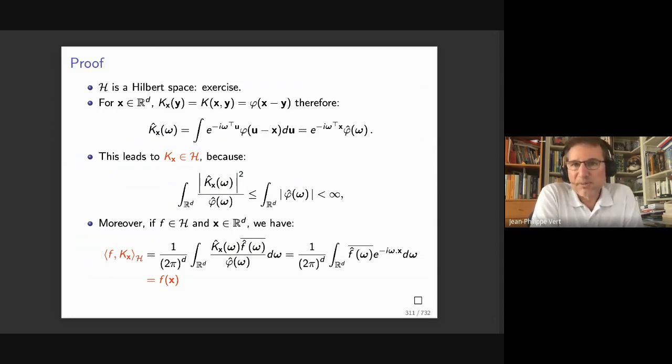In particular, this means that the module of Kx hat is equal to the module of phi hat, because the module of the exponential is equal to 1.